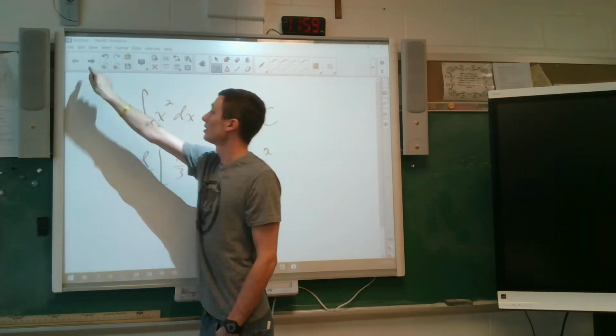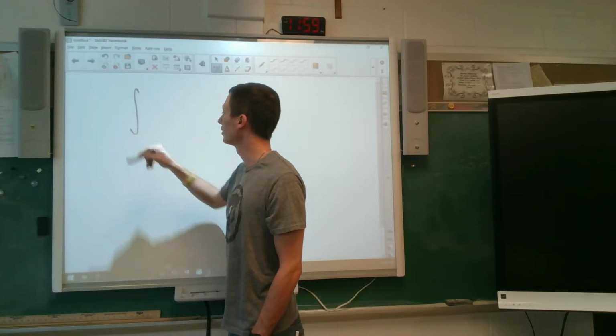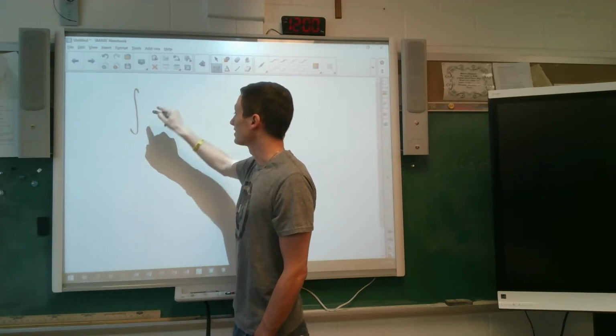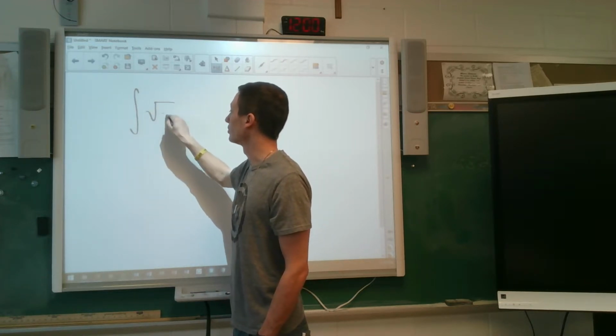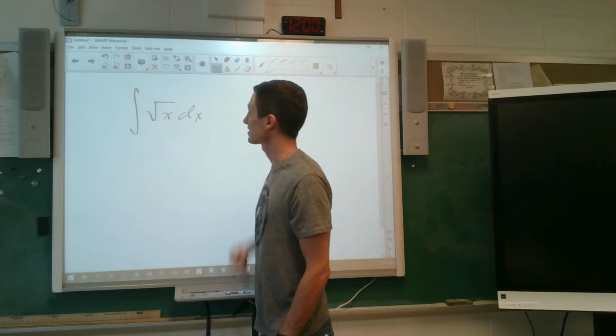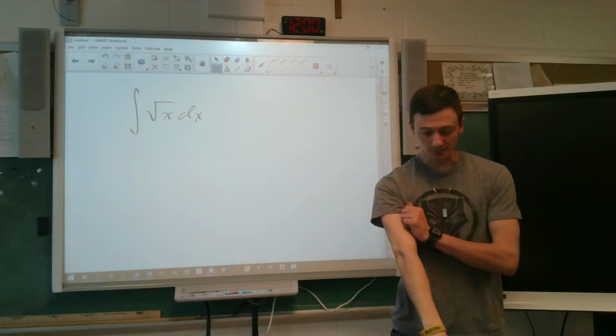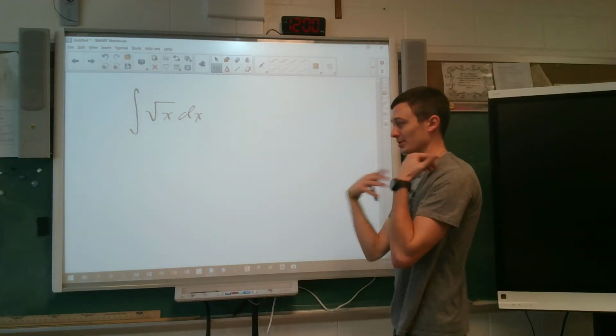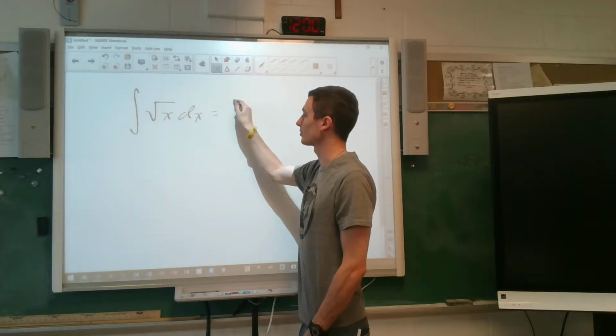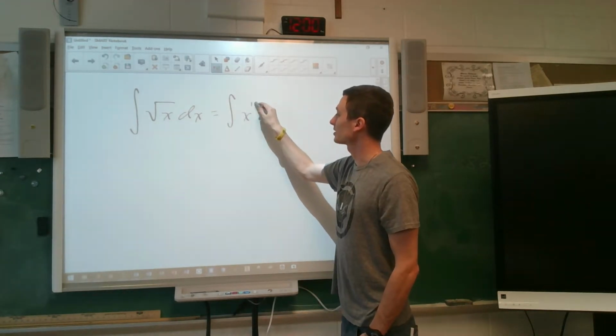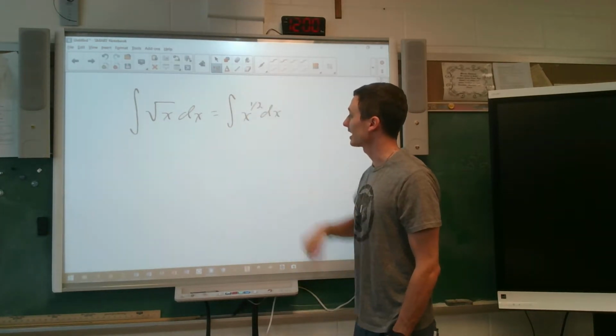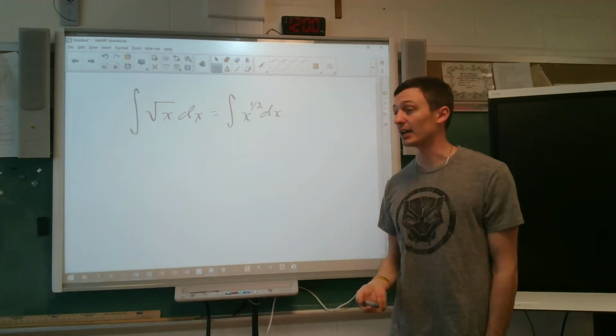But there's that, so let's do another one. How about the integral of, let's say, the square root of x dx. Square roots are a little bit confusing, so maybe I should rewrite it as an exponent. This is x to the 1/2 dx.